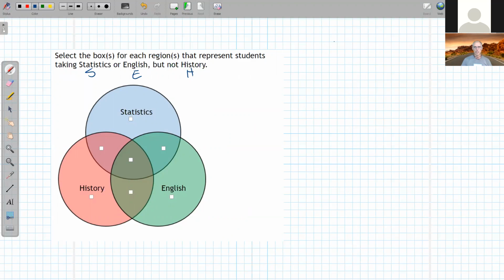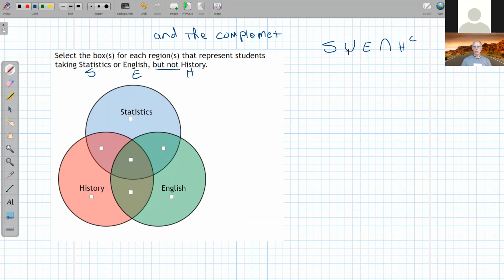So this would be take the set S, or would be union with set E, but not means the same thing as and the complement. So that would be and H complement.